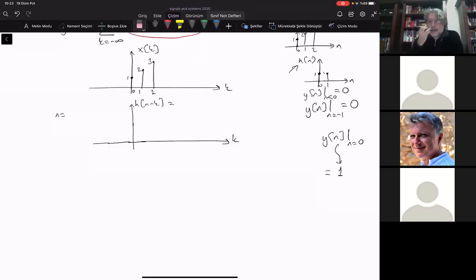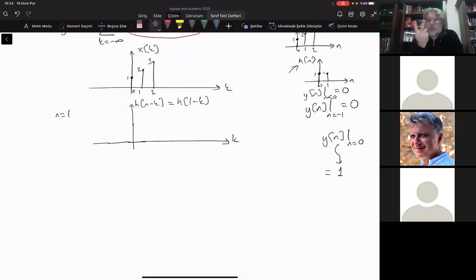Let's go to the right-hand side. We have to adjust the shifts to the left and right in such a way that x of k and this h of n minus k just overlaps for that n. You have to think of it that way. So sliding to the left, we have no overlap. Let's slide to the right. Let's make n is equal to 1. And then this will be h of 1 minus k.